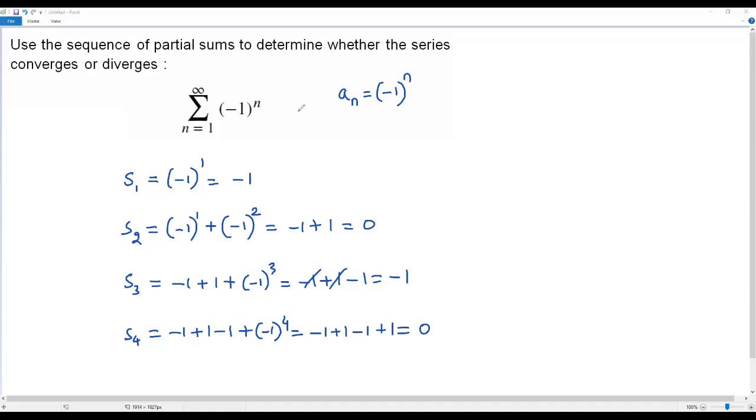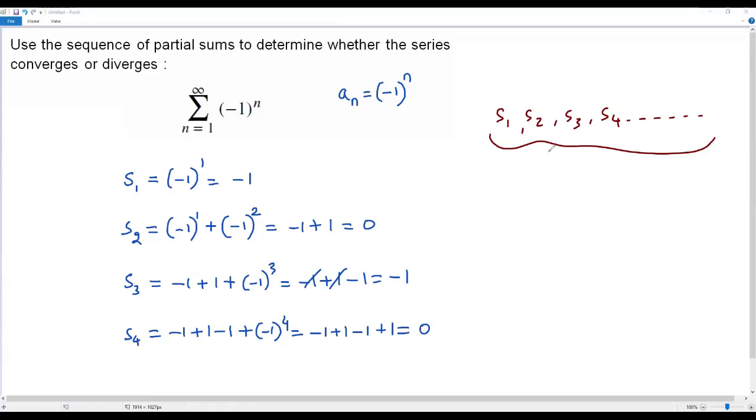Now I'm going to form a sequence with the partial sums I got: S1, S2, S3, S4, and it will keep going. Now I have to check whether this sequence converges to a finite value or diverges.